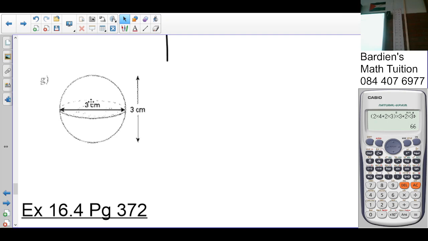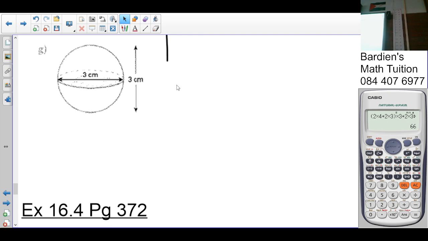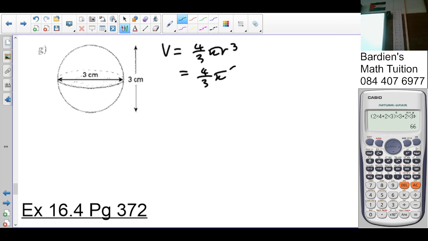G, what type of shape is this? A sphere. Okay? How do you calculate the volume of a sphere? 4 over 3 pi r cubed. So it's 4 over 3 pi times 1.5 cubed. You all agree with that?